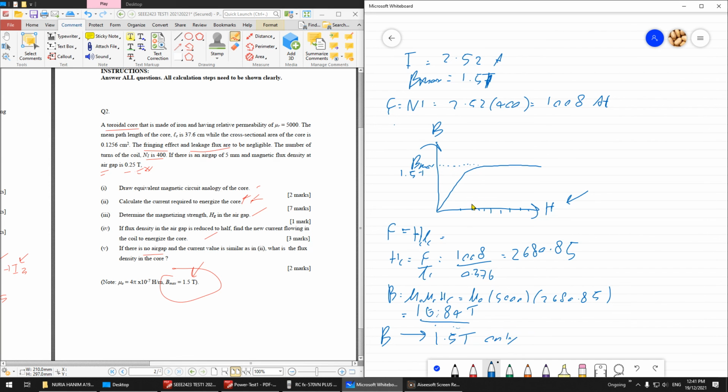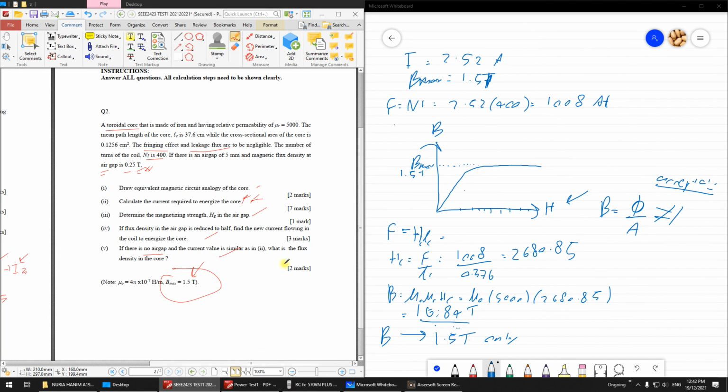This is the correct step, but if you use B equals flux divided by A, this one is also acceptable. No need to worry. That is how you solve this question, and make sure you check back and try to improve your knowledge. That's it. See you again at the next video.